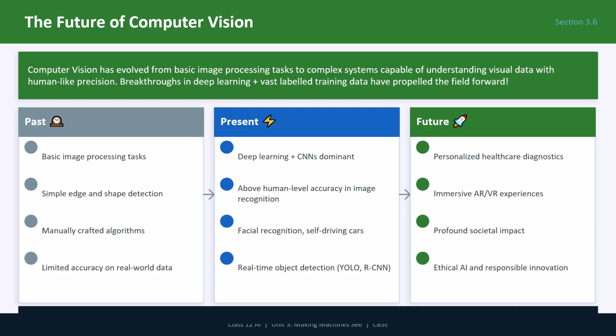The possibilities are genuinely awe-inspiring, but with great power comes great responsibility. By embracing innovation, fostering collaboration, and prioritizing ethical considerations, we can truly harness computer vision for the benefit of humanity.